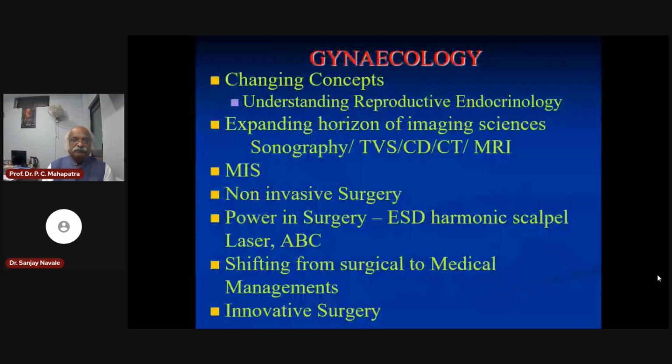If it is feasible, vaginal hysterectomy should be preferred and laparoscopy contained. The vaginal route has become really a boon for the patient and the surgeon also, and therefore non-invasive surgery has evolved quite a lot.